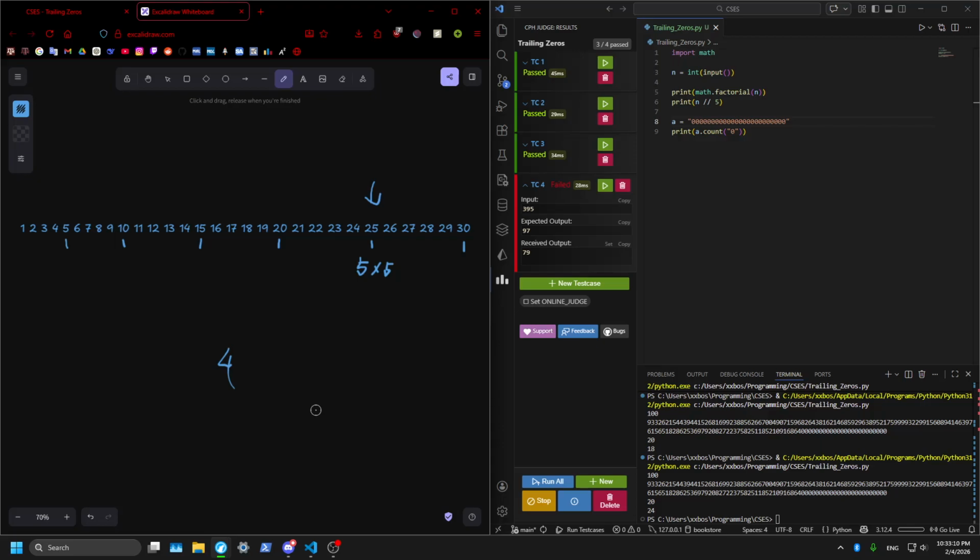Basically, every multiple of 25, there's an extra 5. But then some multiples have more.